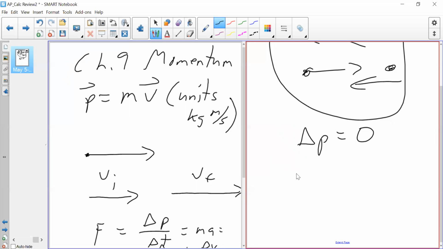So let's say we have two objects, and the force of the first object on the second object is going to be equal and opposite to the force of the second object on the first. And so we have this net force of 1 on 2 is going to be equal to 2 on 1.